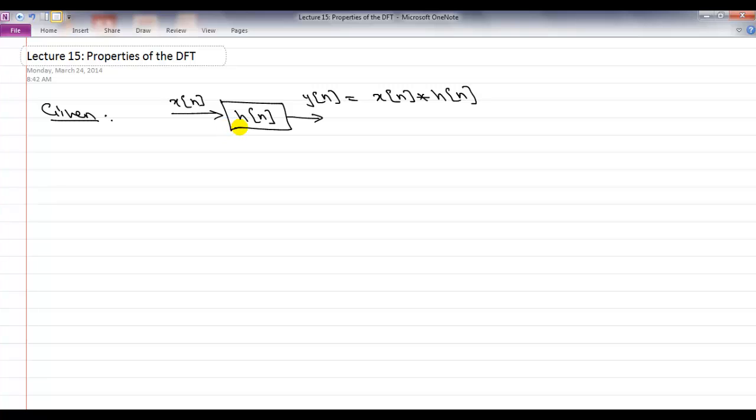Now what we want to talk about is how this convolution inside a digital system can be implemented using the discrete Fourier transform. So that will be the goal of our discussion in this and the next lecture. How can the DFT help us do this convolution?